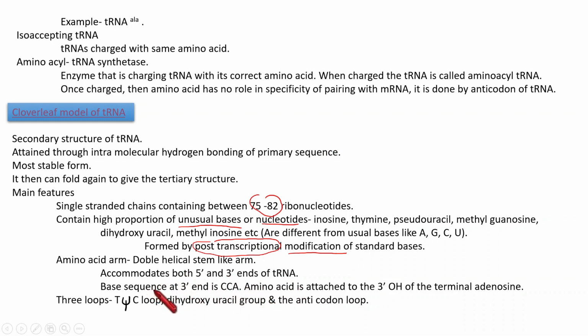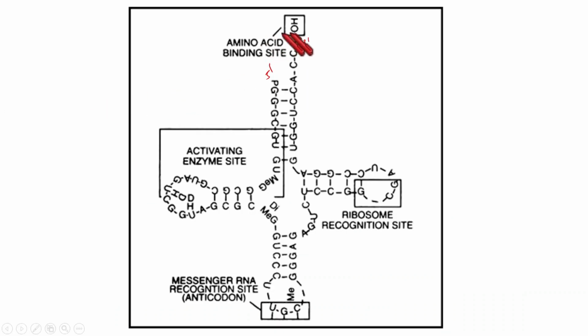And in all tRNA at the 3' end, the base sequence will be CCA. It is constant. It is conserved. You can see that in the 3' end, the sequence always will be CCA in the case of all tRNA.